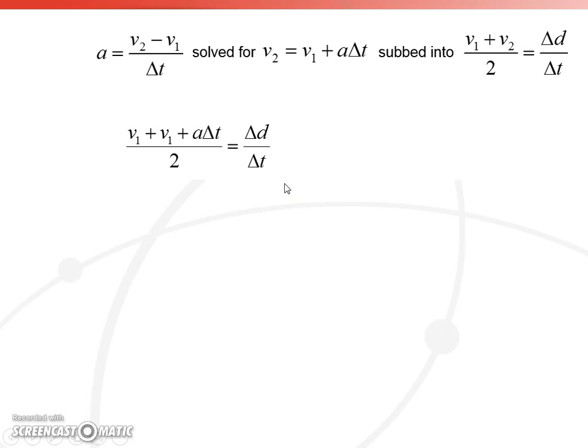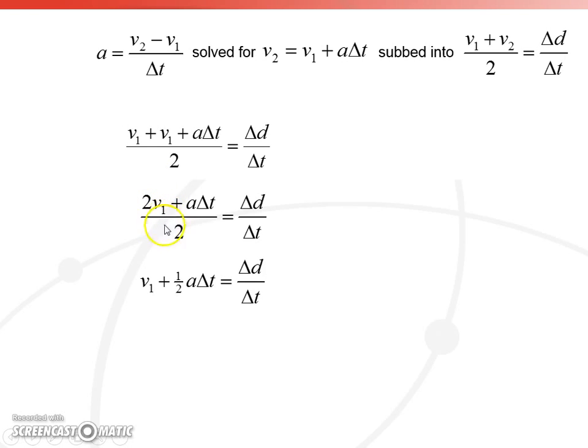And then from there, it's just simply a matter of manipulating the variables. So we group the V1s together. Then we multiply by, or carry the 2 up into the top.